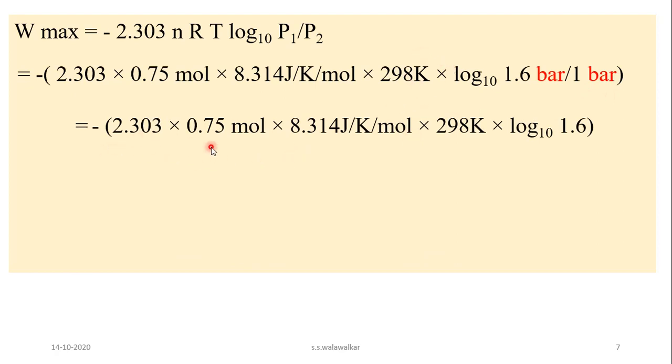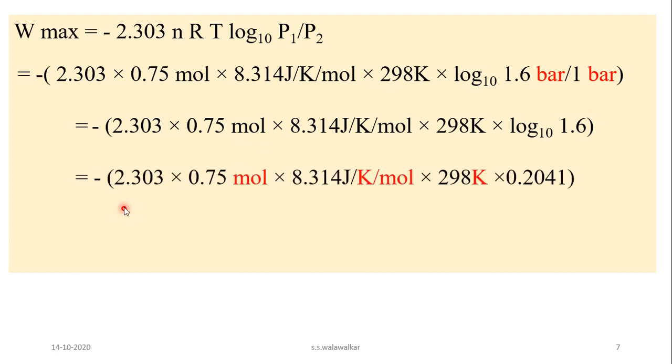Minus 2.303 into 0.75 into 8.314 joule per Kelvin per mole into 298 Kelvin into log to the base 10 of 1.6. Here I want to note down that you have to see only the log of 1.6, not antilog.